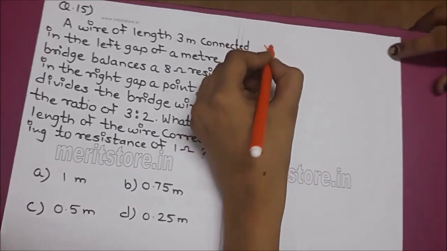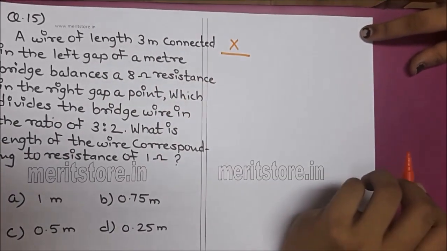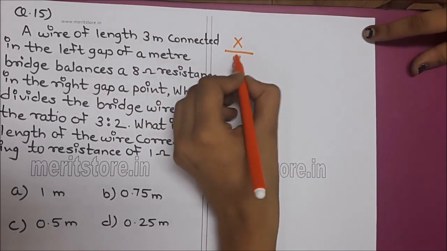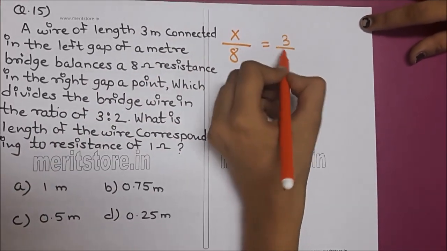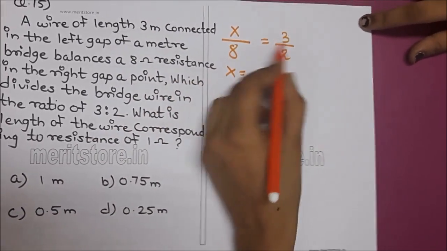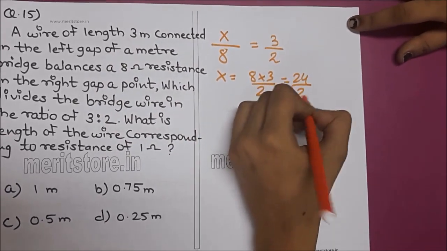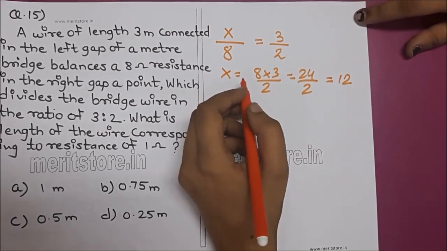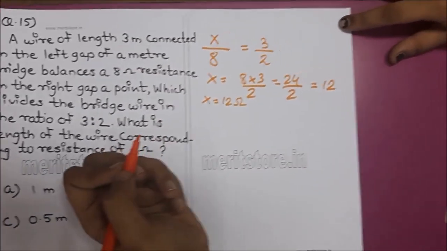So let's take a length of X. Let's divide it by 8, because over here I have the 8 ohm resistance. Now this gives me the ratio as 3 by 2. Therefore X by 8 is equal to 3 by 2. Therefore X will be 8 into 3 by 2, that is 24 by 2, that is 12. So I have got X as 12 ohms.